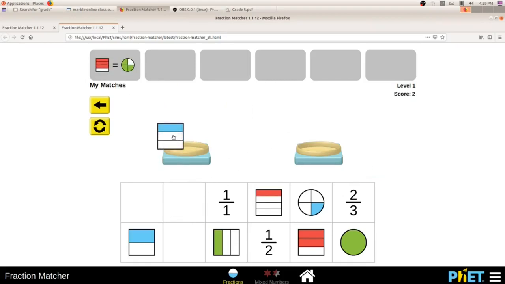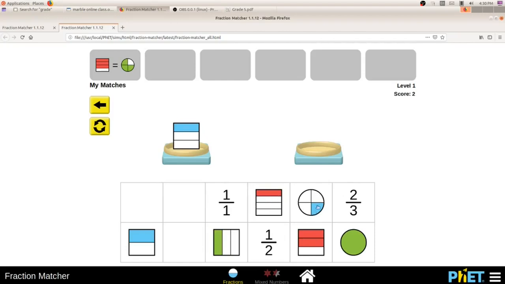Again, the second one. What is this fraction? Out of 3 parts, there are totally 3 parts. Out of these 3 parts, only one part is shaded. That means the fraction is 1 by 3. Okay, we need to find the matching fraction from here. Is it this one? No, this is 1 by 4.